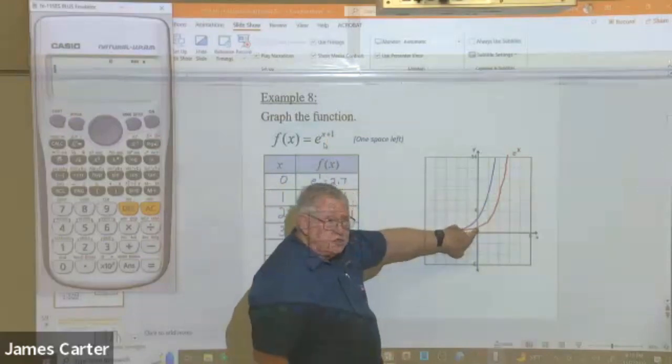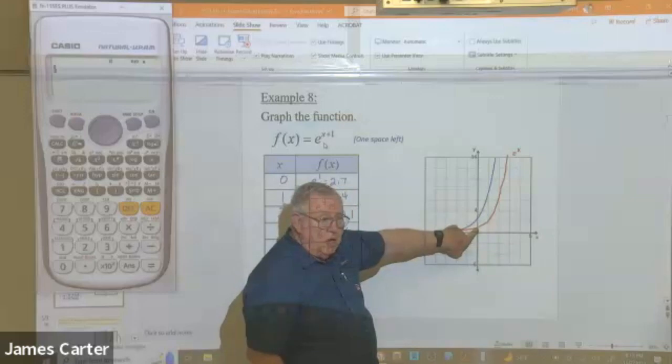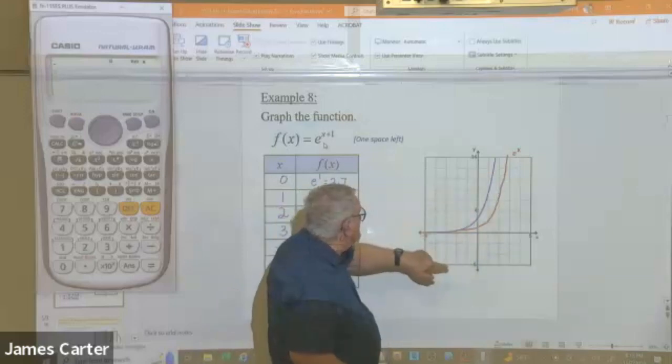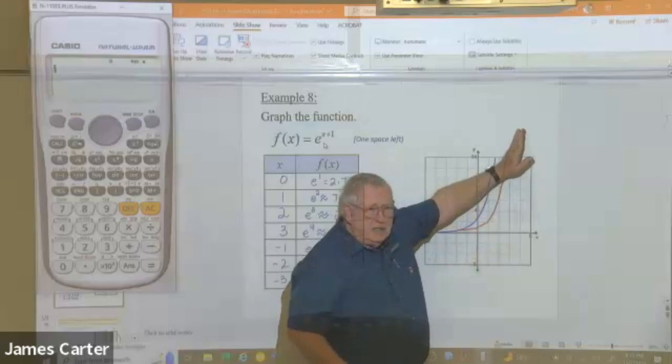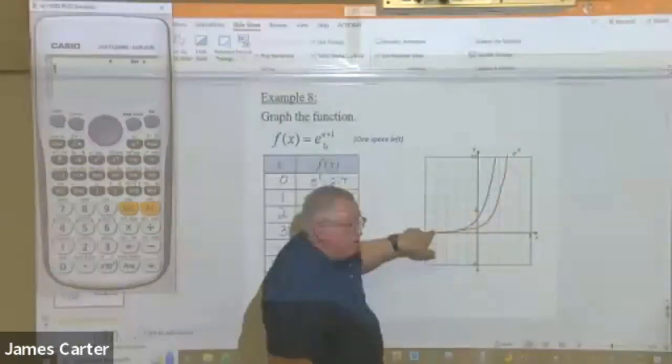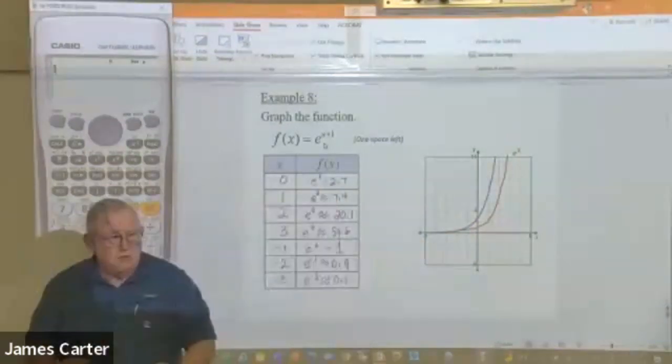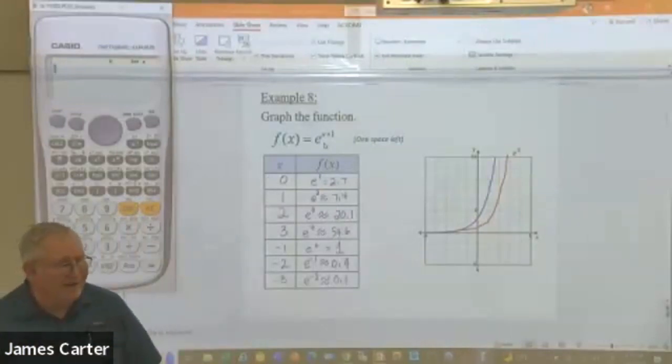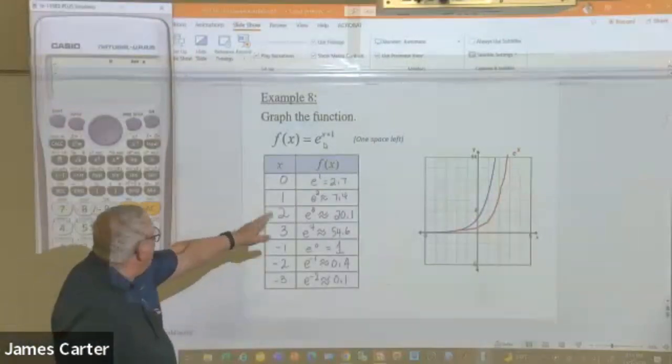See here, it still goes through the point 0, 1, because even e to the 0 power is still 1. And then on up this way, the curve is very similar. And then I would do everything over one place and try to fool Mr. Carter that I know what I'm doing, instead of doing all of this.